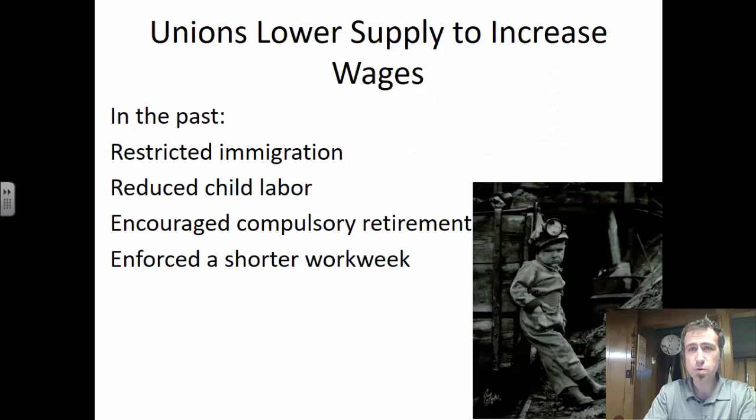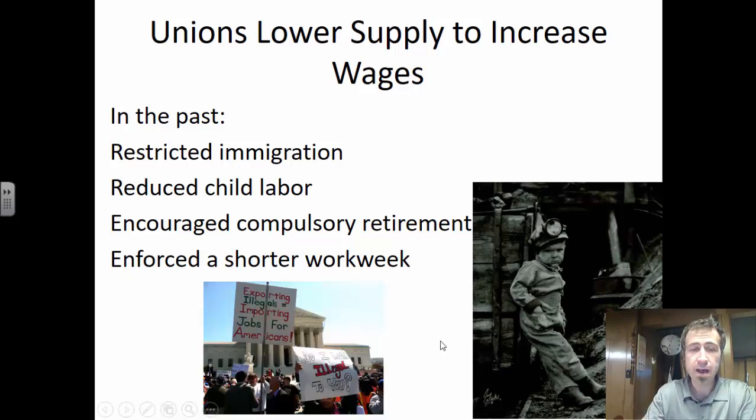But most unions don't focus on demand, they focus more on supply. In the past, they were specifically known for restricting immigration and reducing child labor. They encouraged compulsory retirement. They enforced a shorter work week, and they might argue, "Oh, this is purely humanitarian.